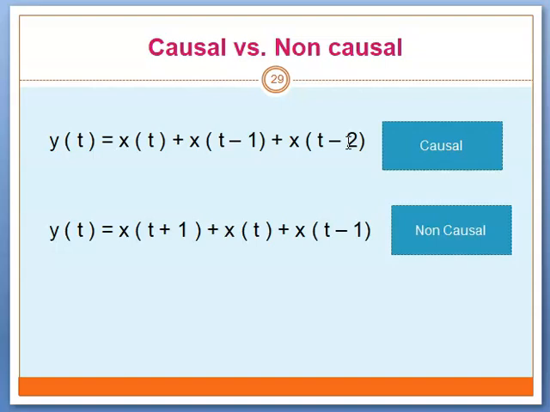Whereas the second equation is non-causal because there is an element of future, t plus 1. So the output is depending on future excitation, even though there is a present and also a past excitation. If you see any t plus something, that will be non-causal.